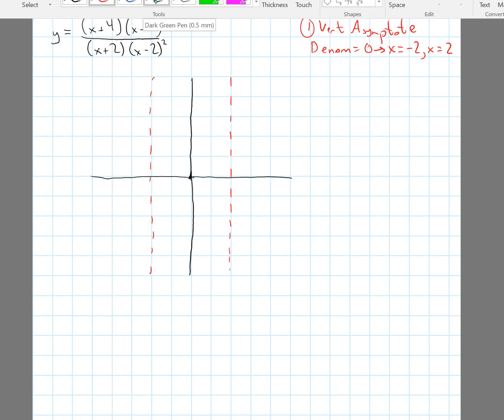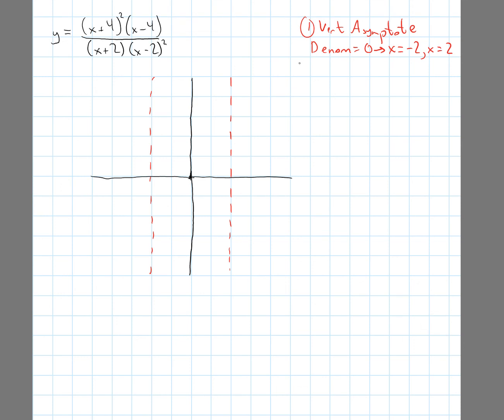Green, we've been doing next, yeah, for the x-intercept, which is what makes the numerator equal to 0. Numerator equals 0. Oh no, I got it back.